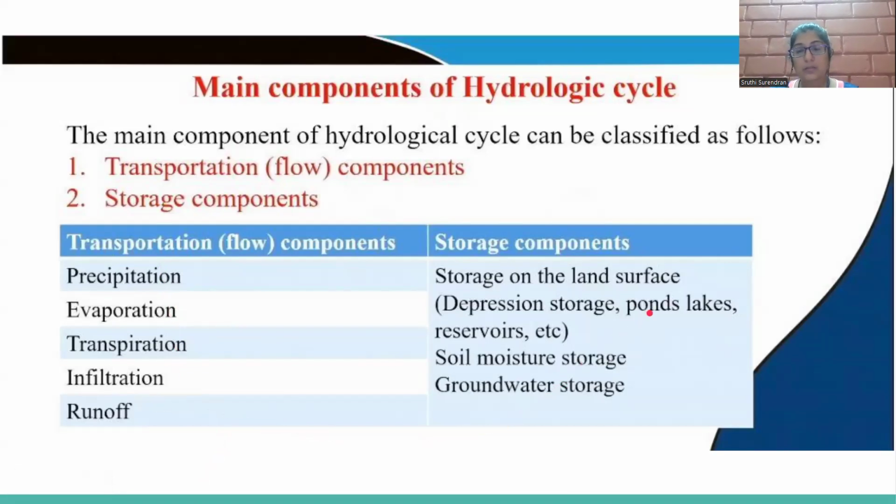Whereas storage components of the hydrological cycle are where the storage is happening. There are ponds, lakes, wells, depression storage, then water that is stored in soil, and water that is stored as groundwater. All of these are storage components. So this is categorizing the different components of the hydrological cycle into transportation or storage components. This is also a very interesting question that can come.